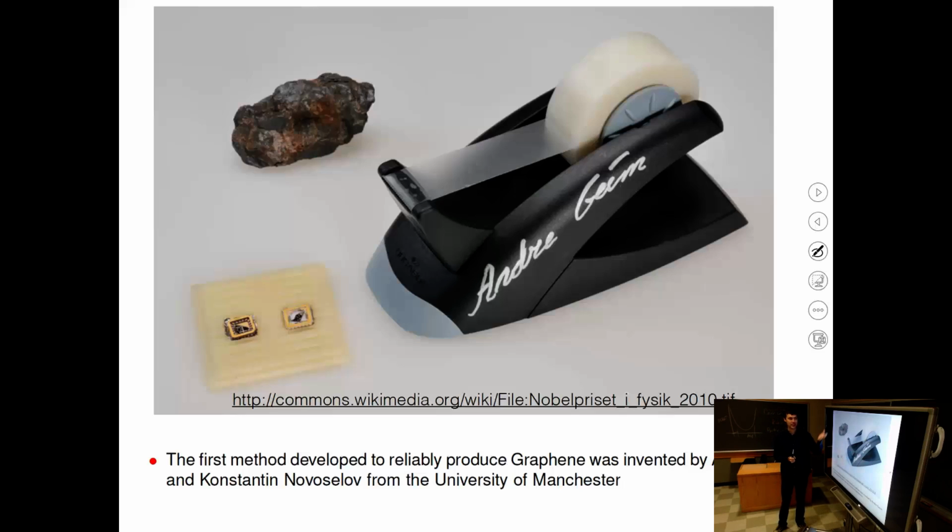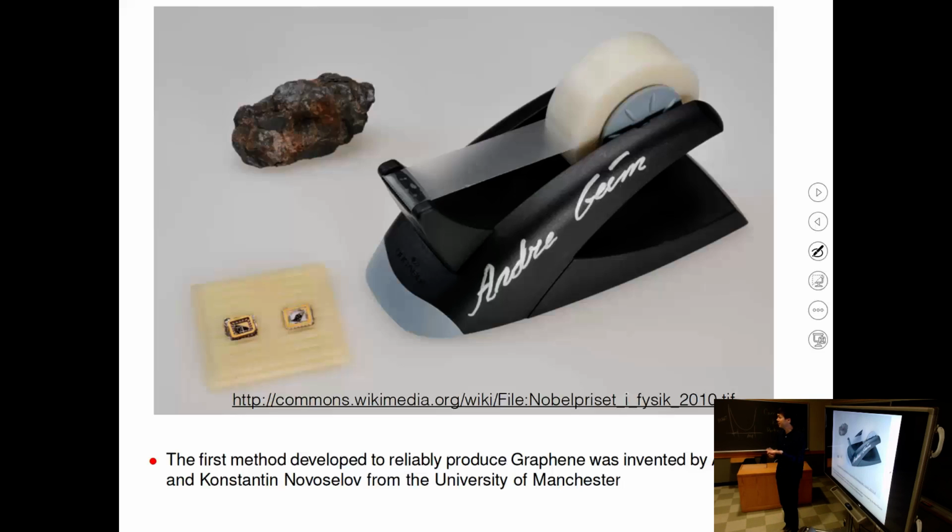Essentially what they did is they took a crystal of graphite, and they stuck Scotch tape to it many times, and then they stuck that tape onto a piece of silicon just to have as a substrate, and they stuck it many, many times.